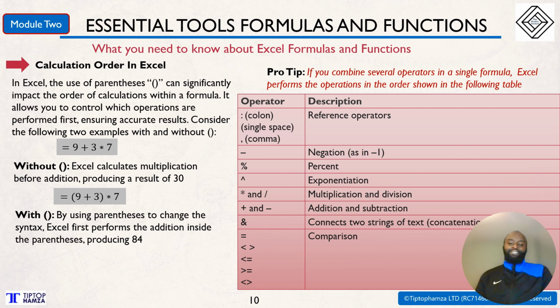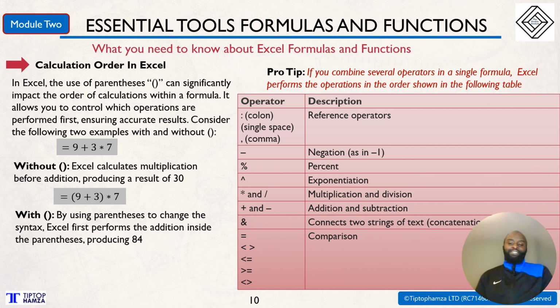But in the latter case, where that is with parentheses, the syntax changes. Excel first performs the addition inside the parentheses, which produces a result of 84. So 30, 84.